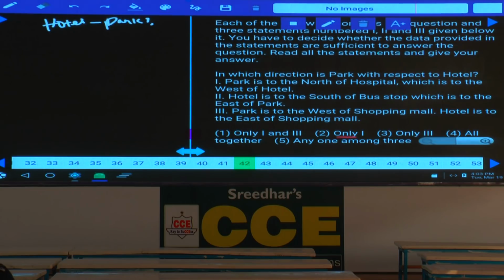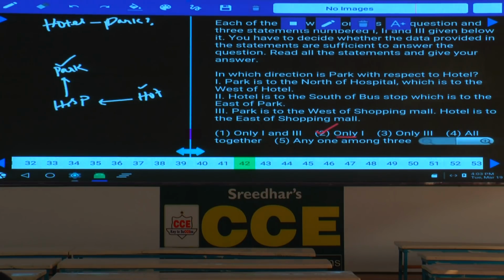The first priority should be the individual statements. First one: park is to the north of hospital. Hospital is here, and the park is to the north of the hospital. Hospital is to the west of hotel. Am I getting the answer or not? Yes. Hence park is there, hotel is there. Hence we are able to determine the answer with only 1 alone.